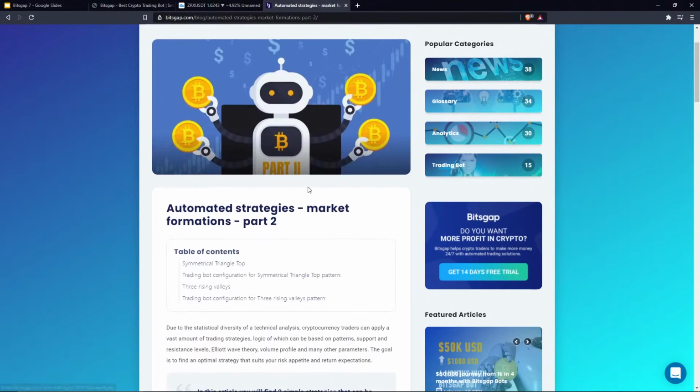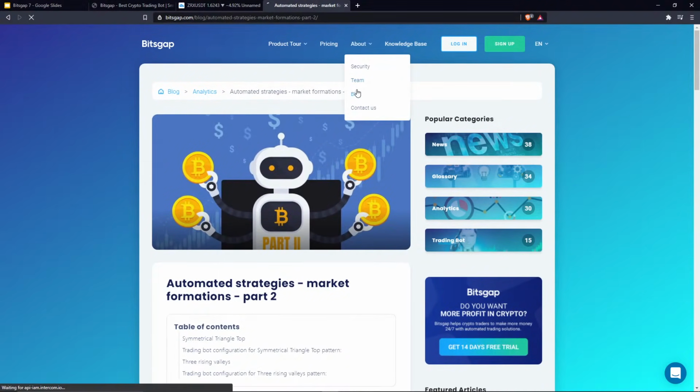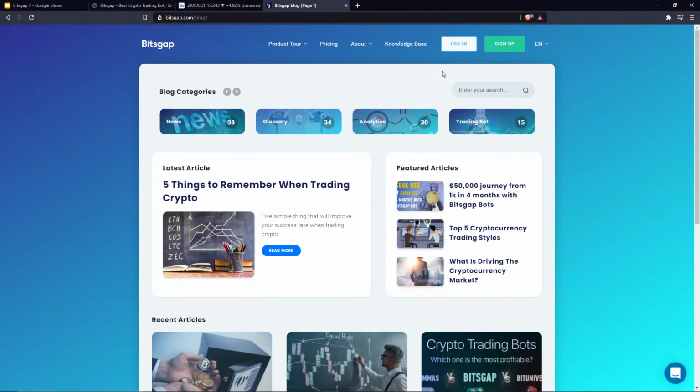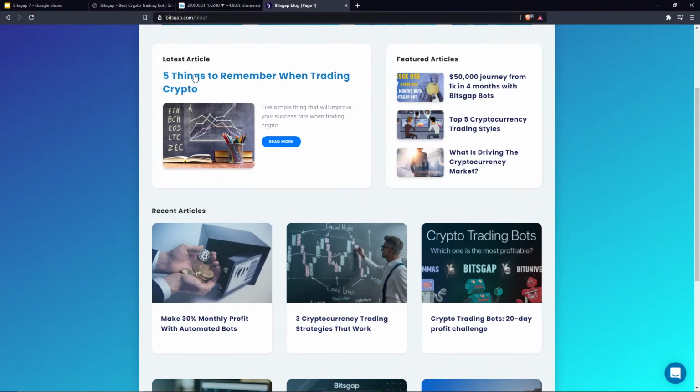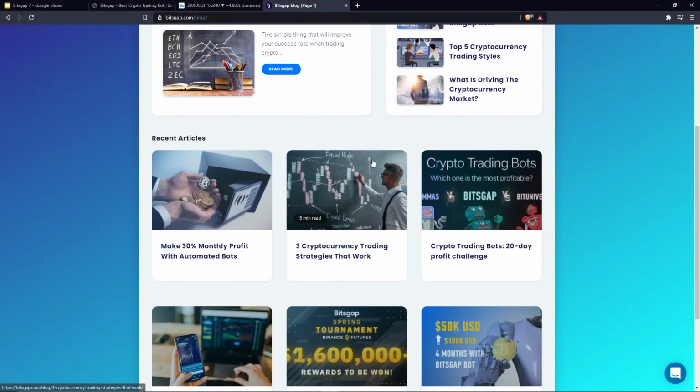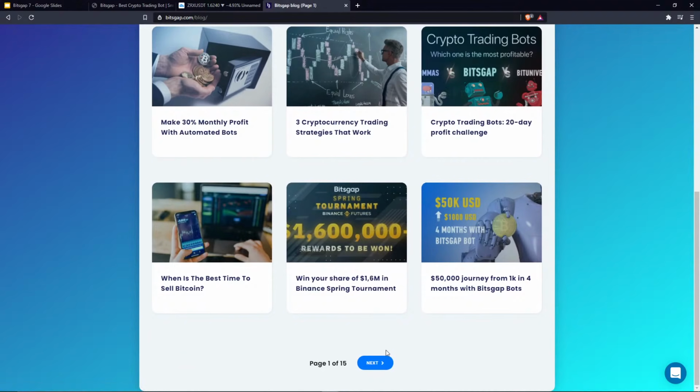So it's here. Make sure that you read the blog, because each week we publish useful information that can benefit you a lot, that can bring you more insights, that can teach you a lot. So yeah, things like 5 things to remember when trading, and how to make 30% monthly. So there are use cases. There is also one story about the guy who made in 4 months from 1,000 he made 50k.